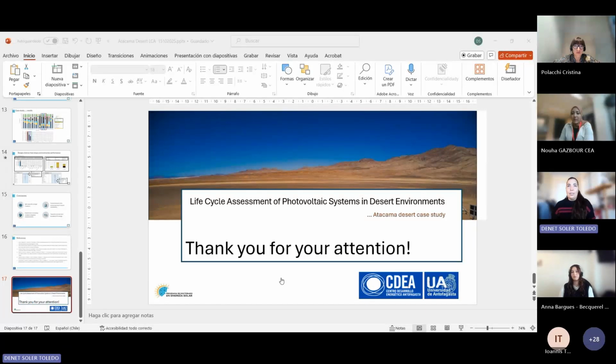So what we had to do was to collect data from the PV plants that are installed here in the Atacama Desert with the managers of these plants. So it was a very site-specific data collection that is representative for our case study.